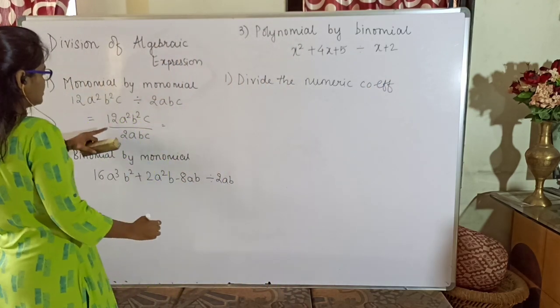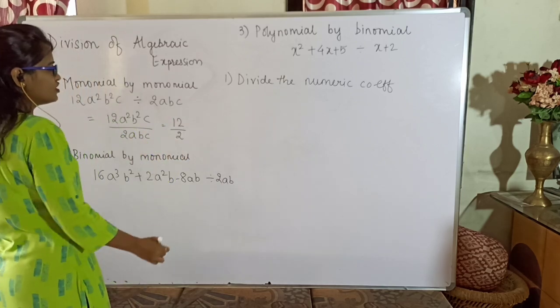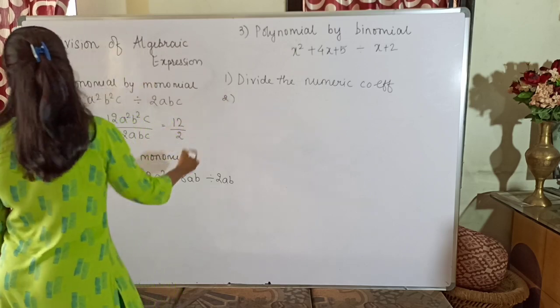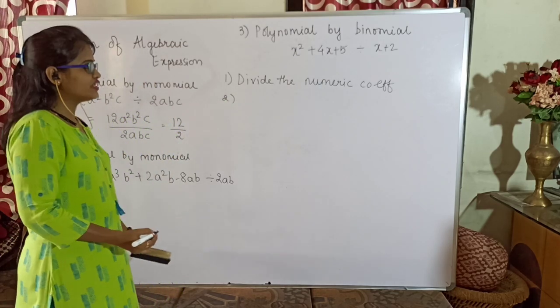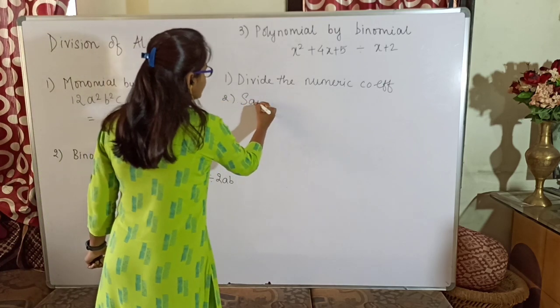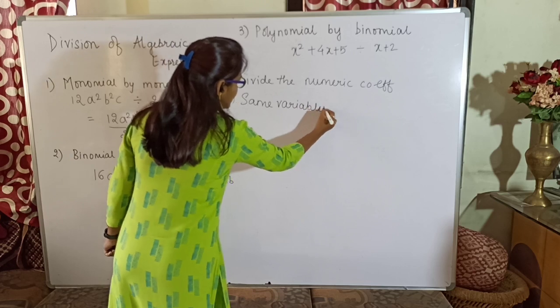So it means 12 has to be divided by 2. Further, the second step says whatever the variables are, the same variables have to be divided.